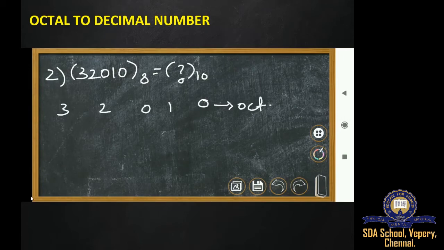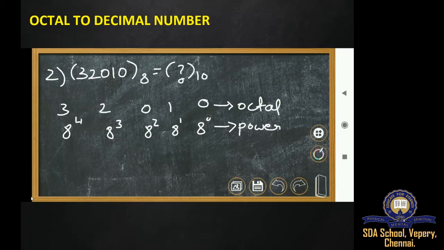This is the octal number. Now we are going to write its power. First, 8 to the power 0, 8 to the power 1, 8 to the power 2, 8 to the power 3 and 8 to the power 4.